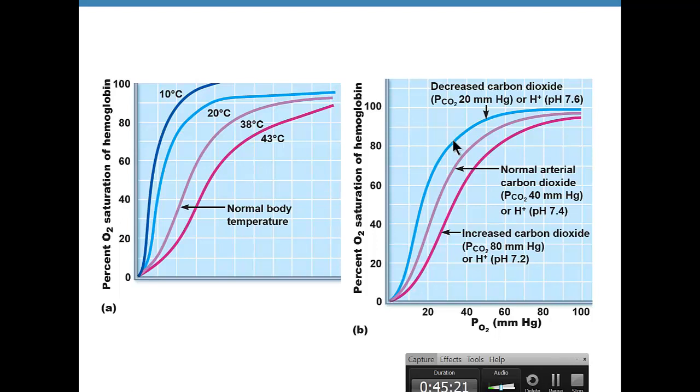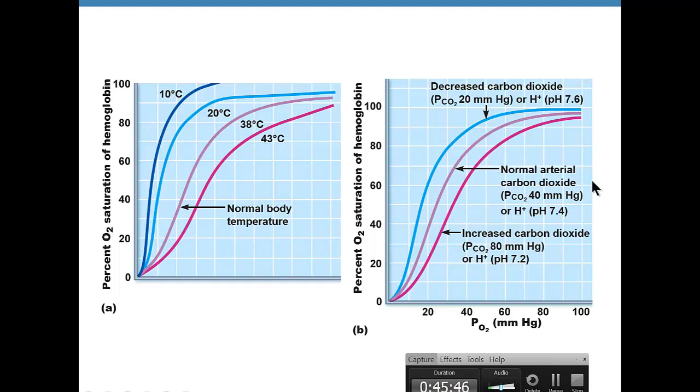A right shift means we're unloading hemoglobin. A normal resting person's hemoglobin saturation curve is right here in the middle. But if it shifts left to become steeper, that means we're loading oxygen. And if it's a right shift becoming a little more flattened, that favors unloading of hemoglobin.